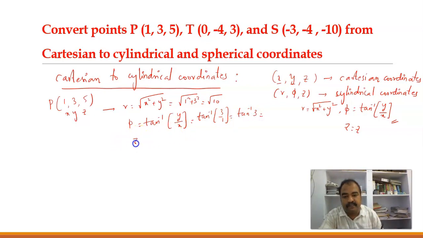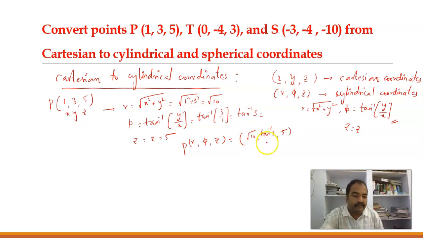And z remains the same. So the final answer, P in terms of cylindrical coordinates, is root 10 comma tan inverse of 3 comma 5. You are supposed to mark here the angle which is there for tan inverse of 3.